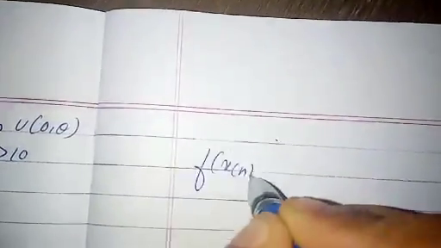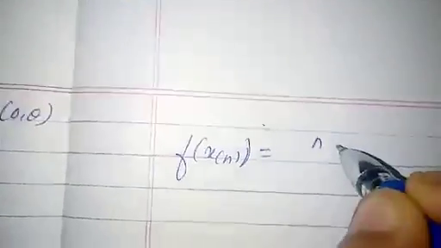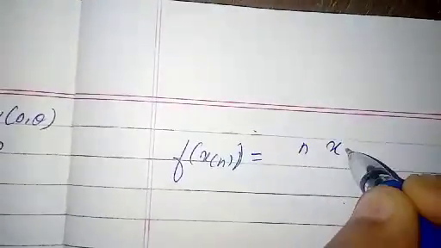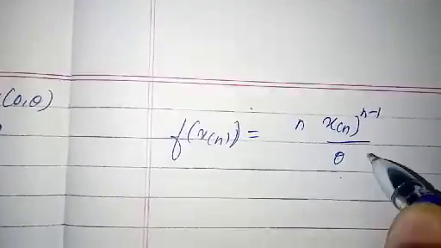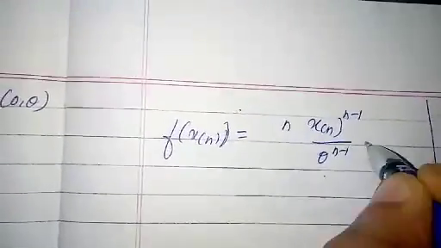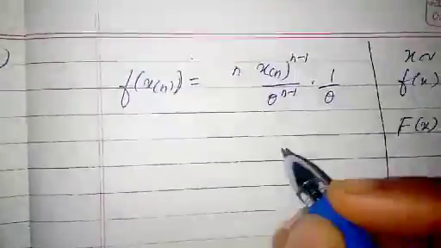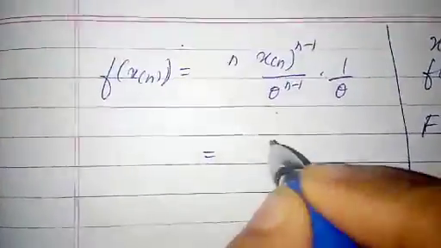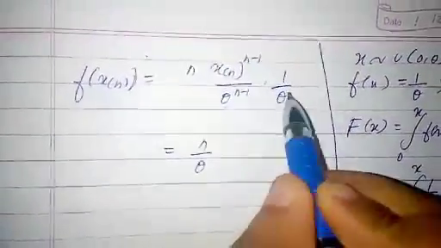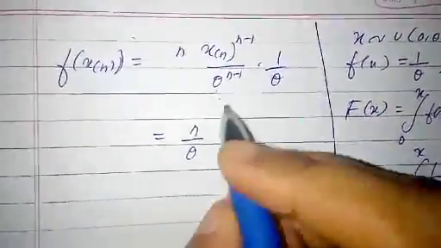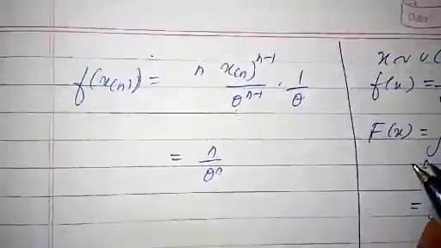So we can write it as f of xn equal to n into xn power n minus 1 divided by theta power n minus 1 into 1 by theta, right? Which is the same as n by theta, that is theta n minus 1 into theta, which is equal to theta power n, right?